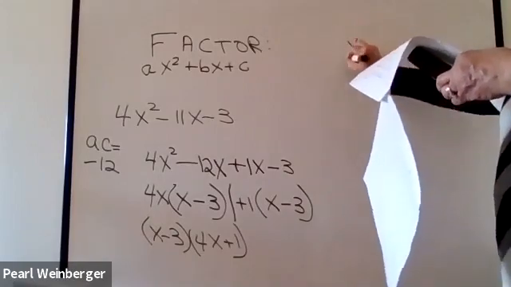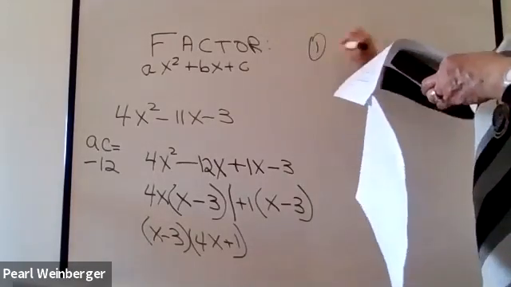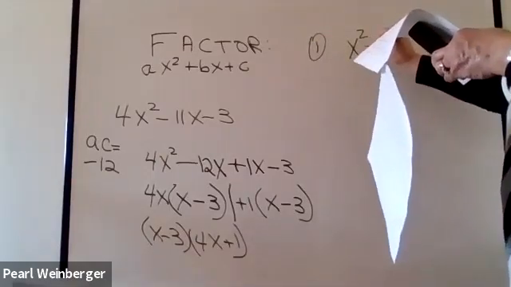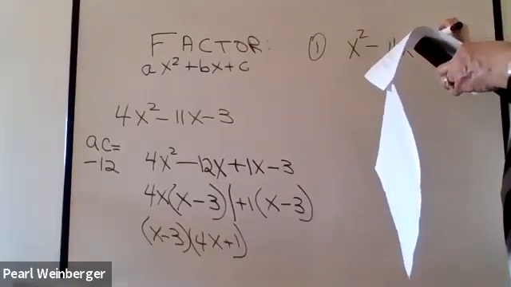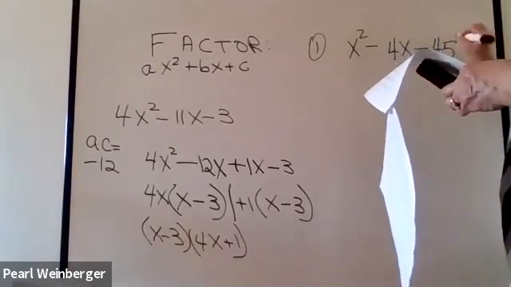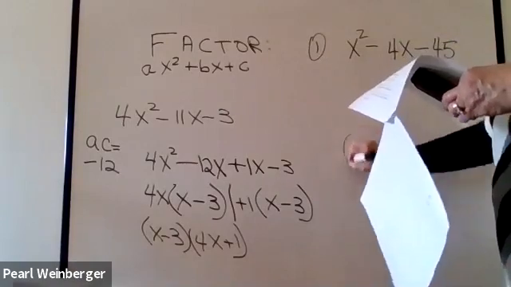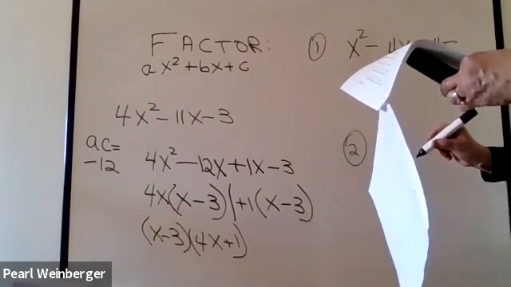Okay, here's one. Here's number one, x squared minus 4x minus 45, that's one. And here's the second one I'd like you to try.